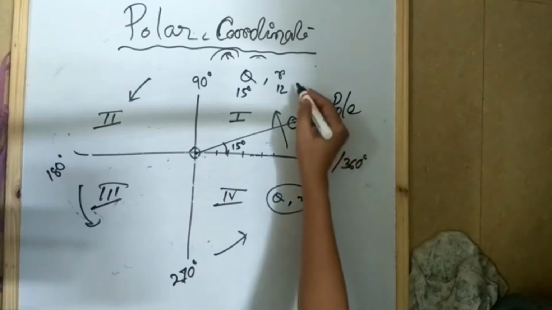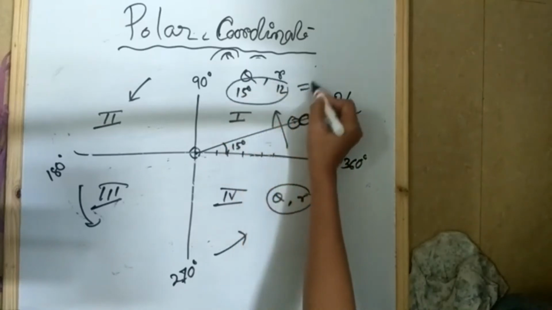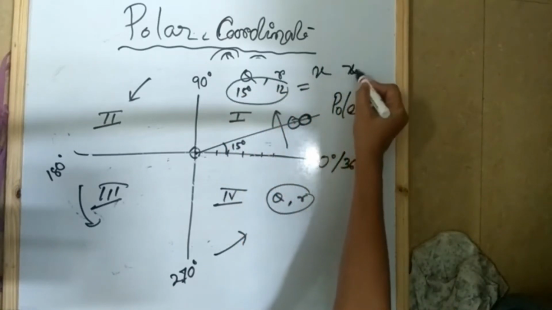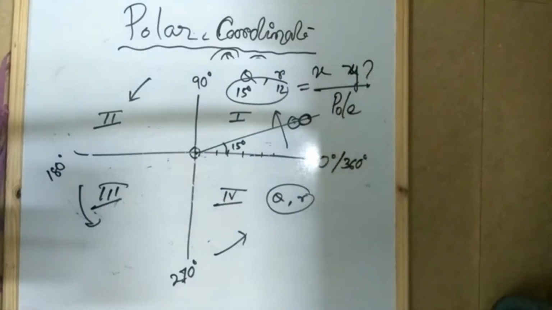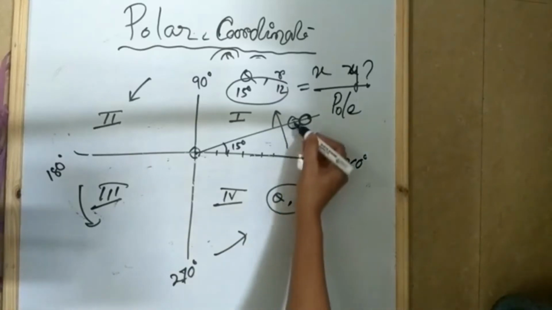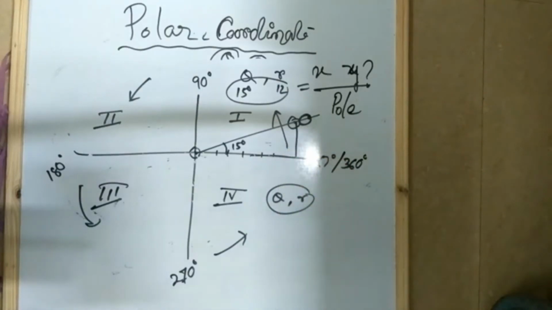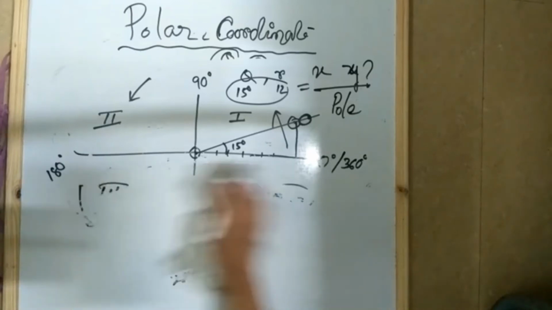From that you have to identify the x and y values. For this purpose you have to use a formula. Okay, go to the details of the formula.